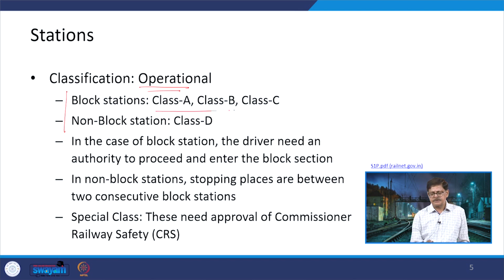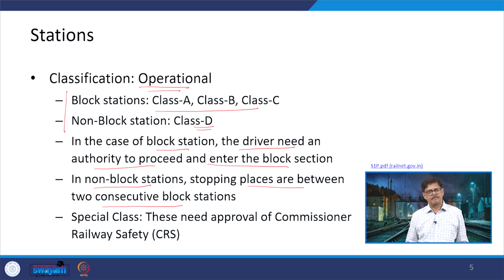In the case of block stations, there are A, B and C class stations, whereas in the case of non-block stations, there is class D. In block stations, the driver or the loco pilot needs an authority to proceed and enter the block sections. In the case of non-block stations, the stopping places are between two consecutive block stations. There can be a special class where approval from the Commissioner of Railway Safety, in short CRS, needs to be taken.